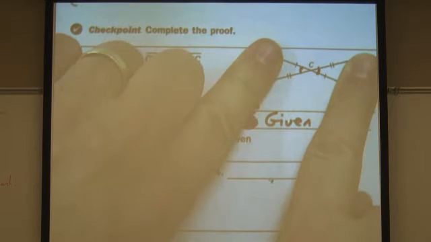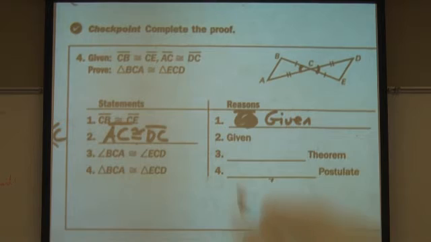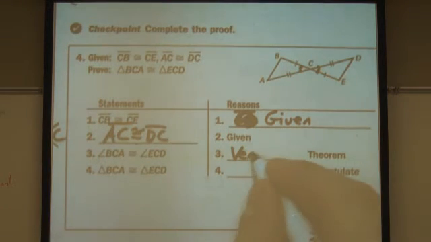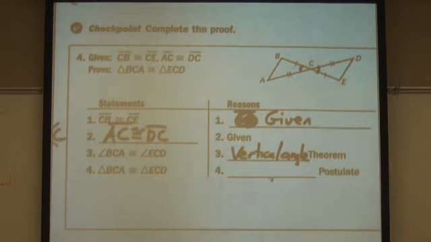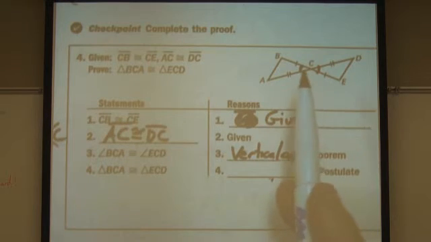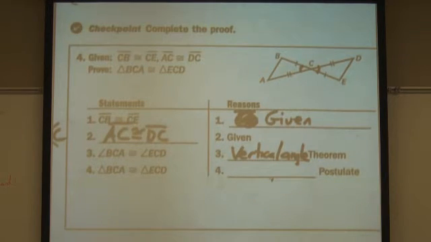And notice that there are two angles formed by the same pair of intersecting lines. They're not adjacent to each other. They are vertical angles. And that's the name of the theorem. It's the vertical angles theorem. Two angles that are vertical angles are congruent. And that's where you get the pair of congruent angles.